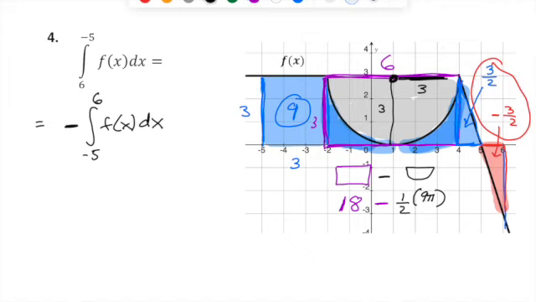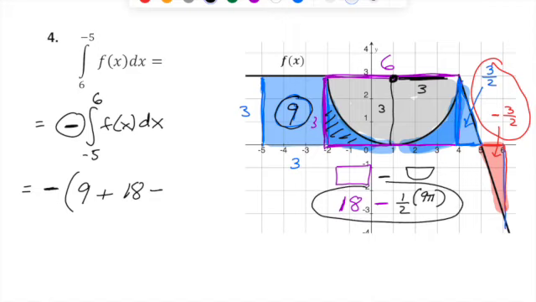All right, so now let's put this all together. Just remember we are doing the opposite of our grand total here, our net area. So I'm going to put a negative out in front, use a big set of parentheses, and now let's look at our areas. We have 9 that came from this square. This region in the middle we're adding on, that 18 minus that 9 pi over 2.